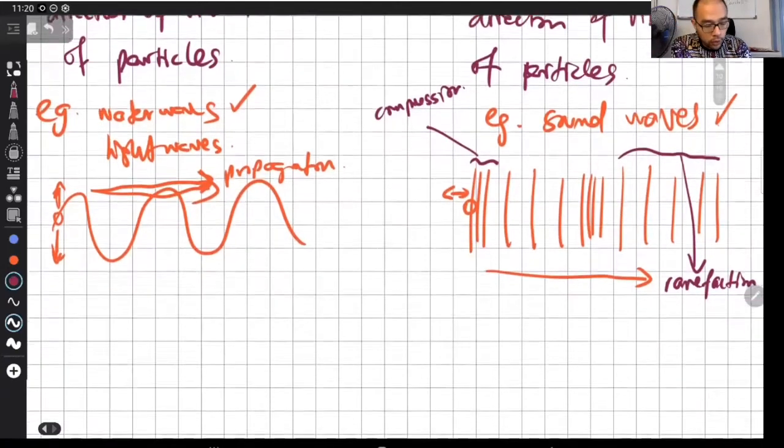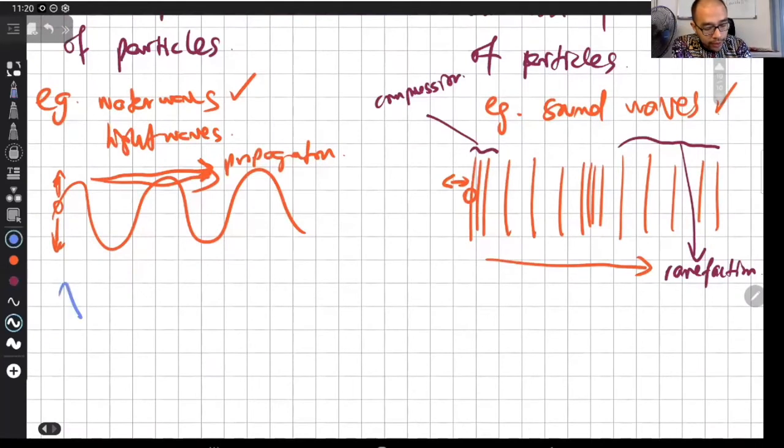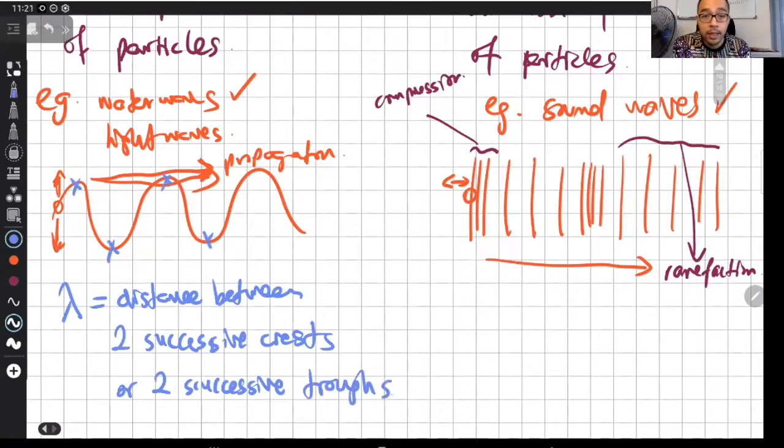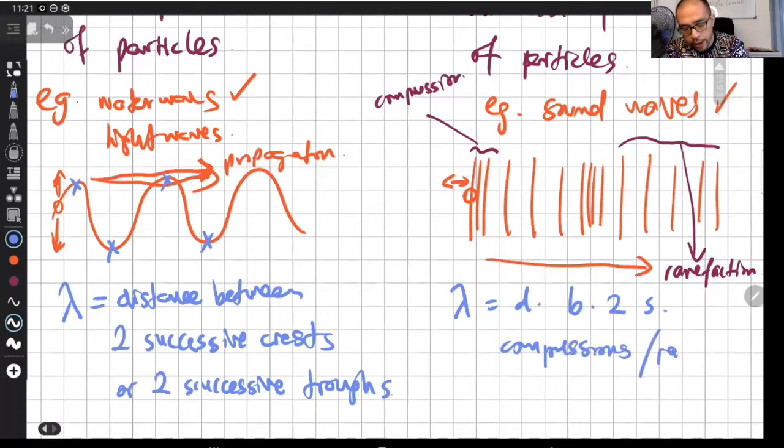For transverse waves, the wavelength is the distance between two successive crests, that is here and here, or two successive troughs, which is down here and down here. But for longitudinal waves, the wavelength is the distance between two, sorry, I'm very lazy to write, successive compressions, or rarefactions.